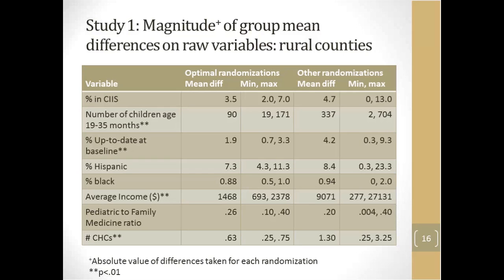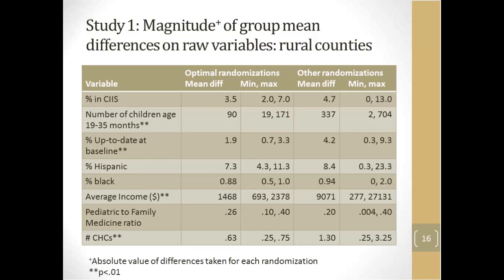Up-to-date at baseline, once again, we improved our chances of having balanced study arms significantly in the optimal randomization group. The maximum difference was 3.3 in the optimal randomization group, and it was as high as 9.3 in the others. Not so much for percent Hispanic, percent Black.